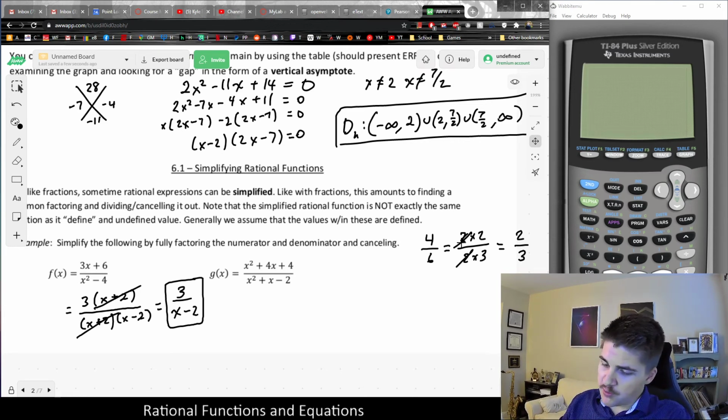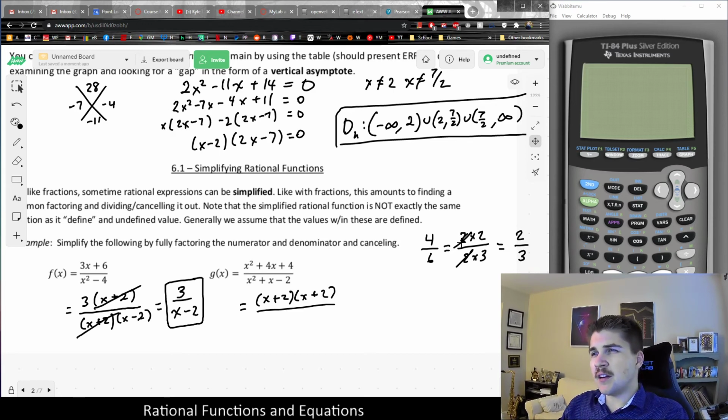Let's look at g here and see if we can simplify. Step 1 is to factor each the numerator and the denominator. The numerator is a perfect square trinomial, so that will factor as x plus 2 times x plus 2. And the denominator, I think I can factor this without doing a magic x. This should just be x minus 1 and x plus 2.